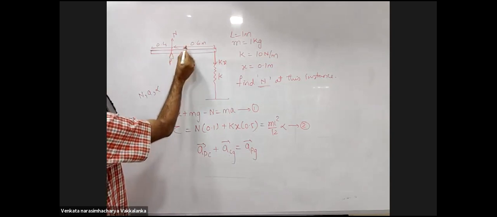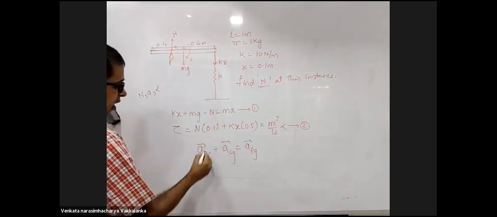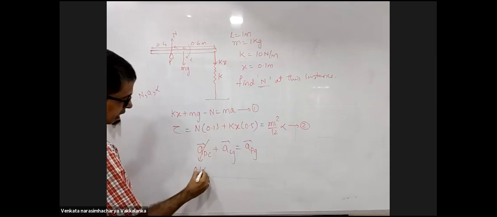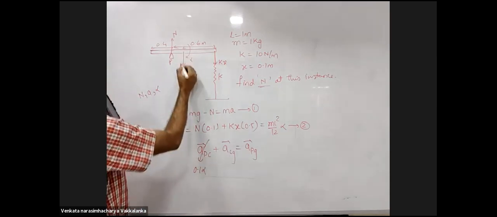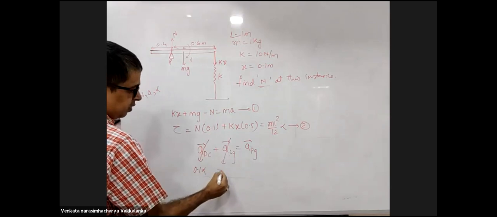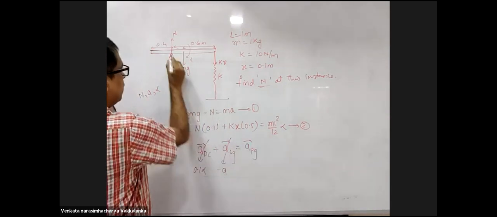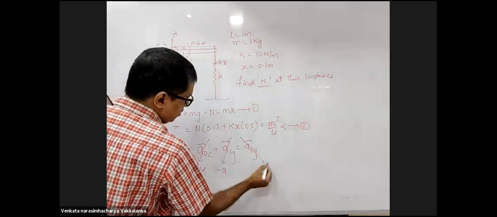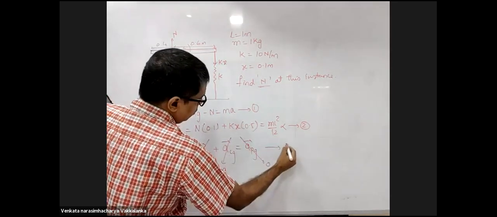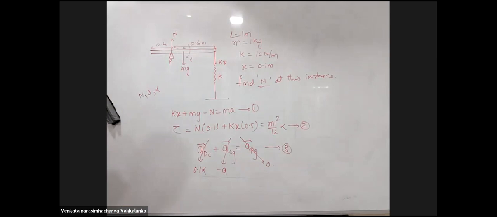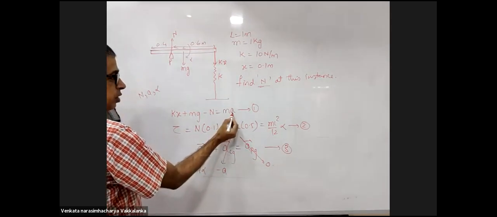Point P with respect to center of mass is R alpha, 0.1 alpha. Acceleration of center of mass with respect to ground is A in the downward direction. Acceleration of point P with respect to ground is 0. So A is 0.1 alpha.